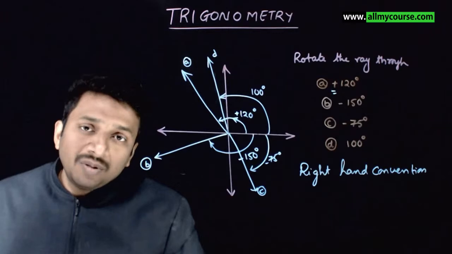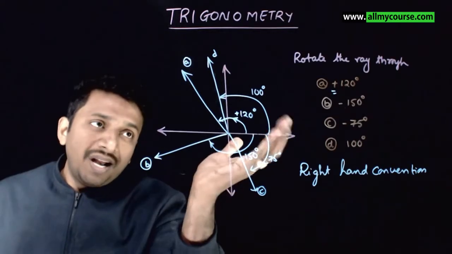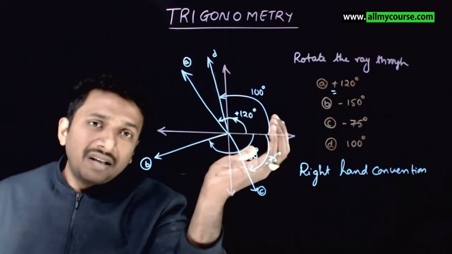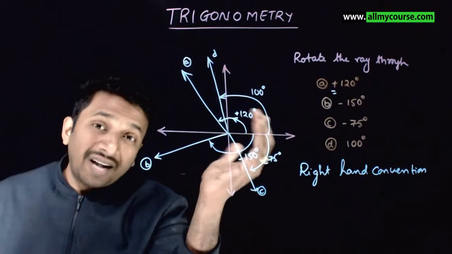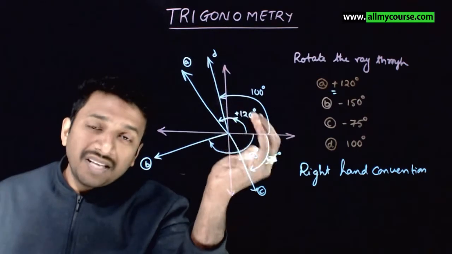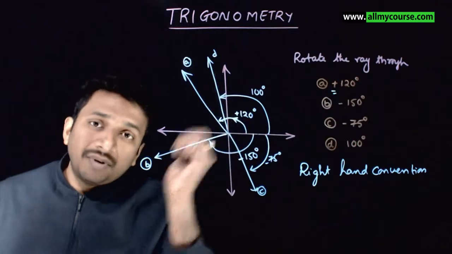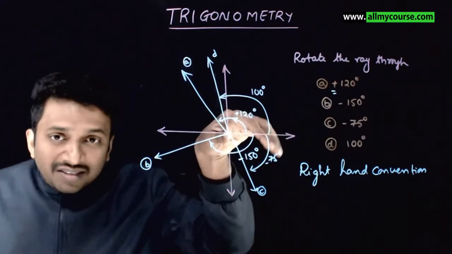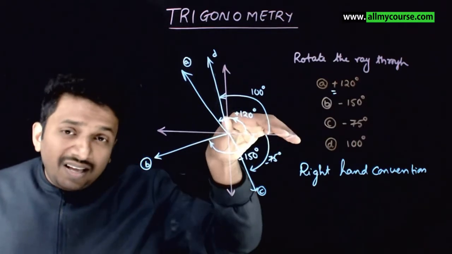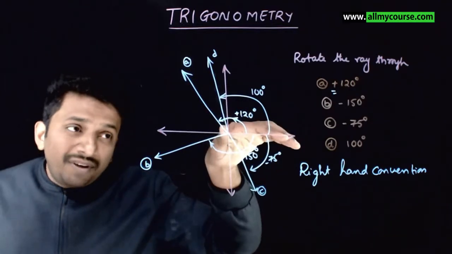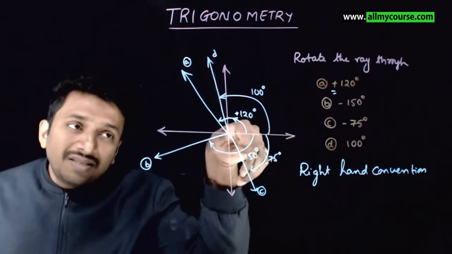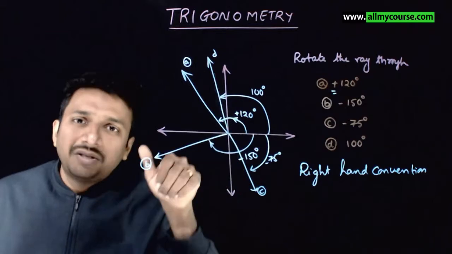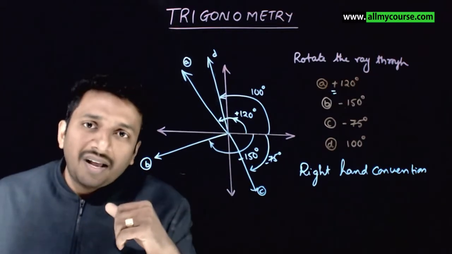The right hand thumb rule says that if you rotate the fingers of your right hand in counterclockwise direction, your thumb will point upwards. If you rotate the fingers of your right hand in clockwise direction, you can see that your thumb is going inside the page. That's not what we are looking for.